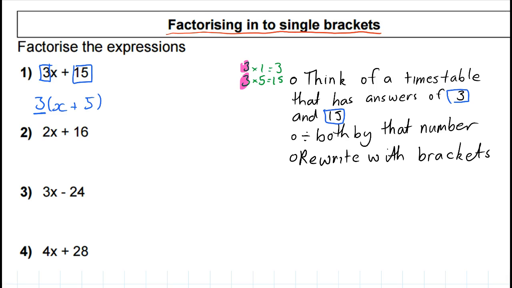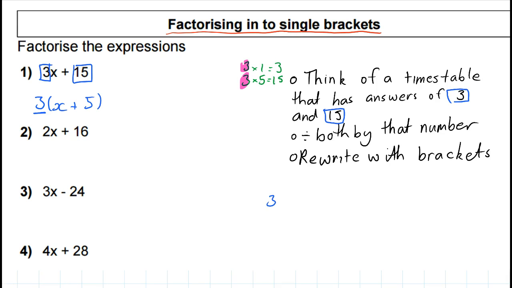Okay, now just to show you why it works, we've got 3 outside of x plus 5. Okay, if I was just to expand that, I get 3 times x, which is 3x, and 3 times 5, which is 15.